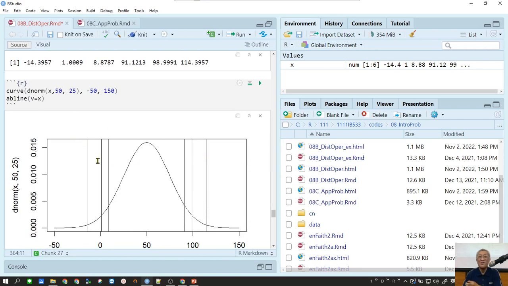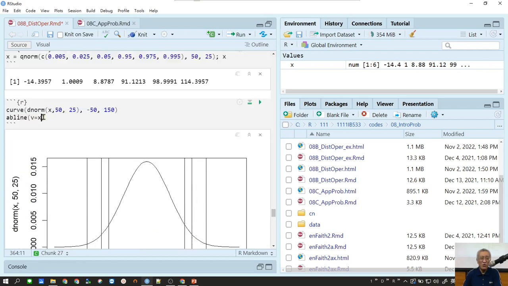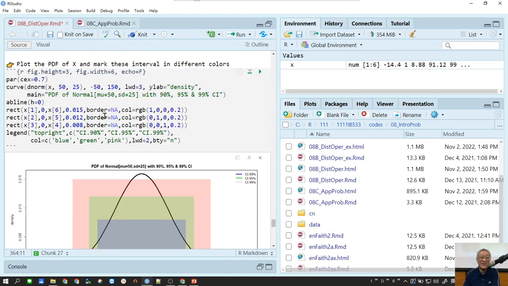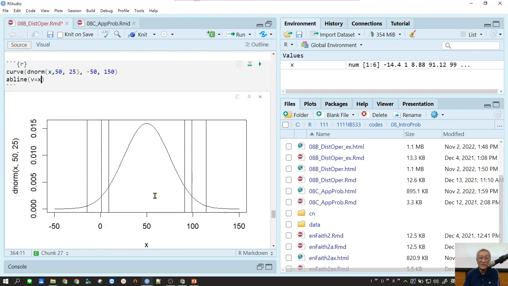Actually just 2-3 lines of code can do it, right? But if you want to make it very beautiful, you need to do a lot of things. You don't really need to do that, okay? Try to do it in this way, okay? And I'll actually leave it for your homework. You got a point? Okay.